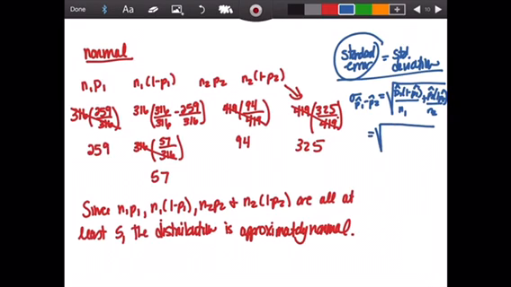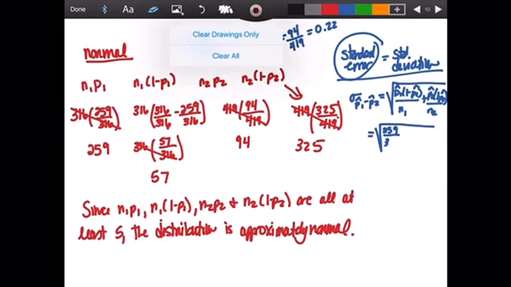So this is the square root of p hat 1, so that's 259 over 316. Well, and we can calculate. Let's do this first. p hat 1 is 259 over 316, which is 0.82. p hat 2 was 94 over 419, which is 0.22.